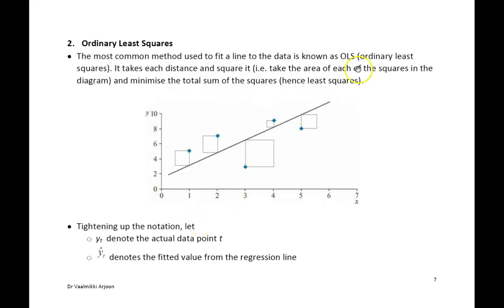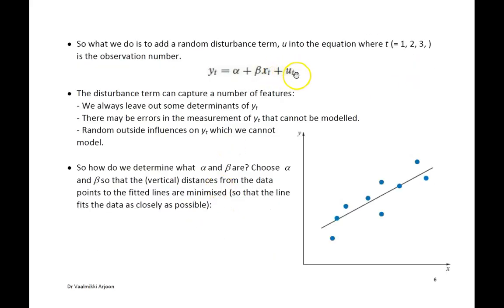Remember, this is known as the random disturbance term, or the error term. So if we were to square this and sum it, that would be known as the sum of squares. But we want to minimize this as best as possible, because when you minimize this, it means that the regression itself is a better fit of the data.